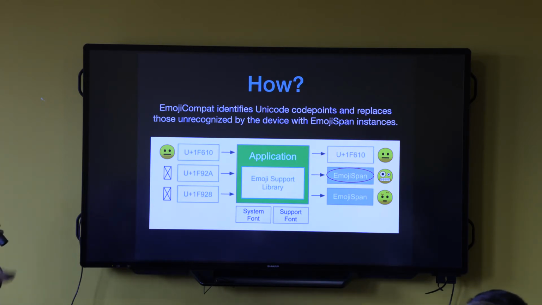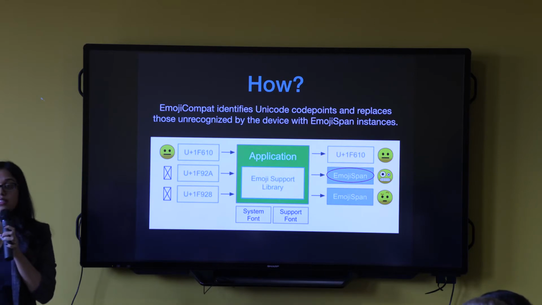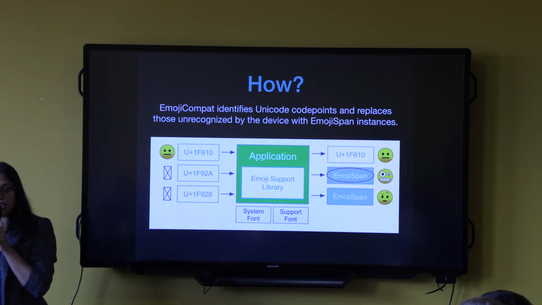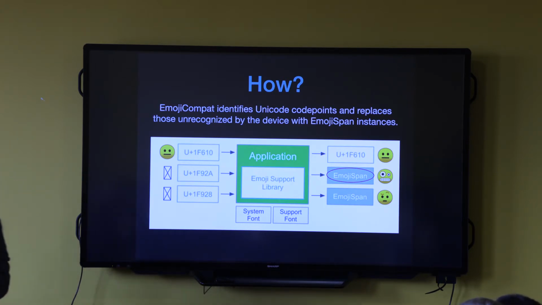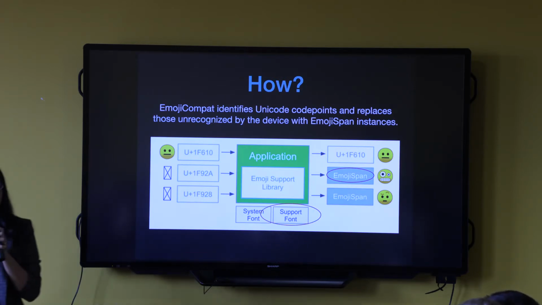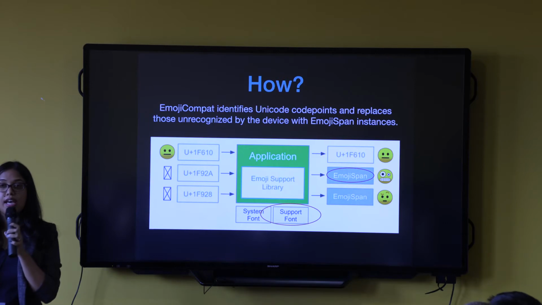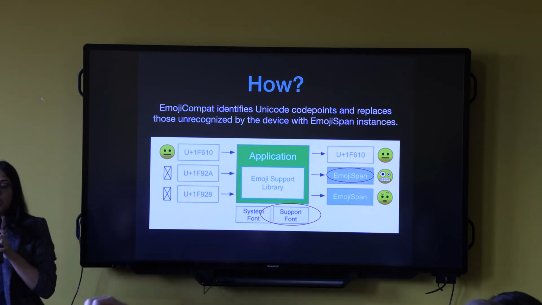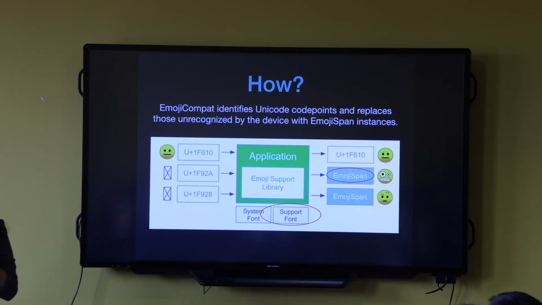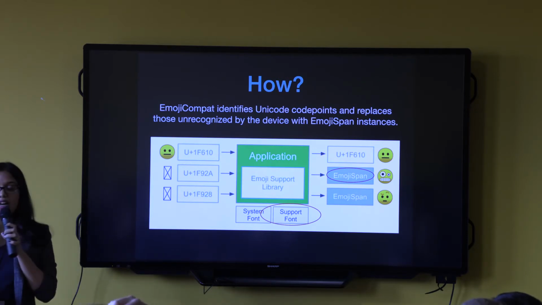And this emoji span has an emoji metadata object, which can essentially render the emoji glyphs using the support font. And so it's because of this whole replacement process and the support font that Android is able to provide backwards compatible emojis up until KitKat, I think.